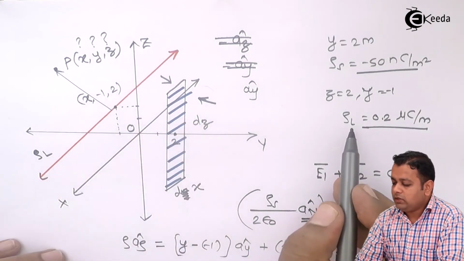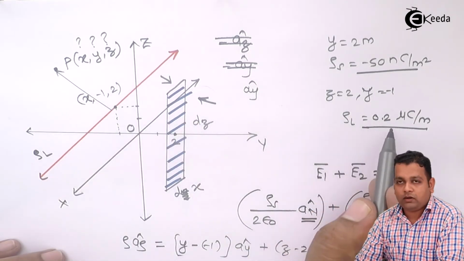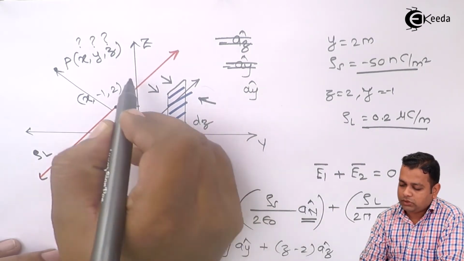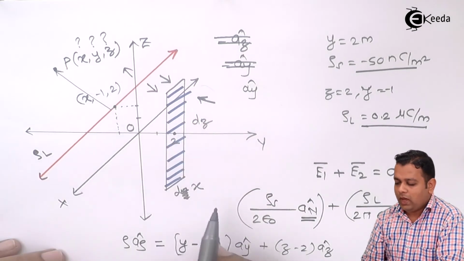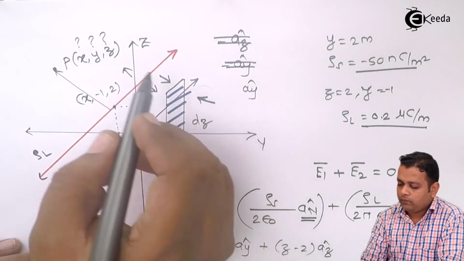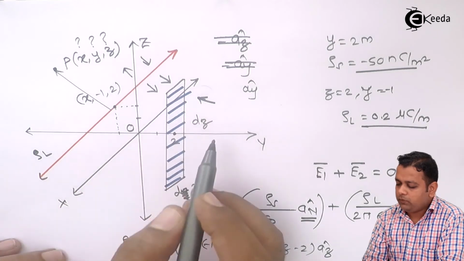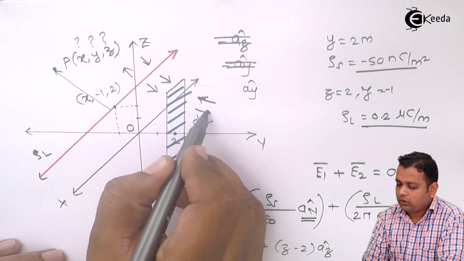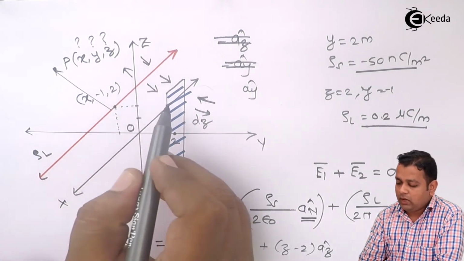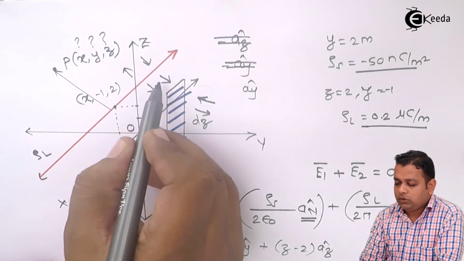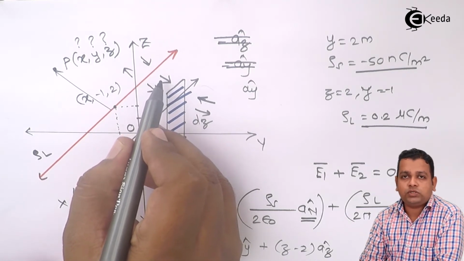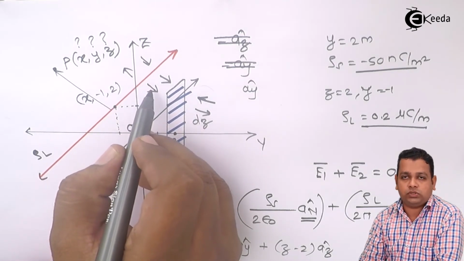As the line charge density for a uniform infinite line charge has positive magnitude, the field will be away from the charge. So in the region between the line charge and the surface charge, both electric field intensities get added. So there is no chance that the sum is equal to 0.